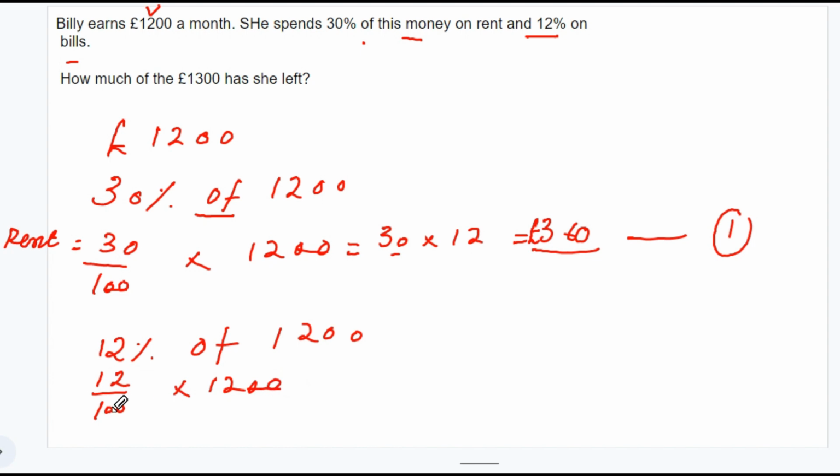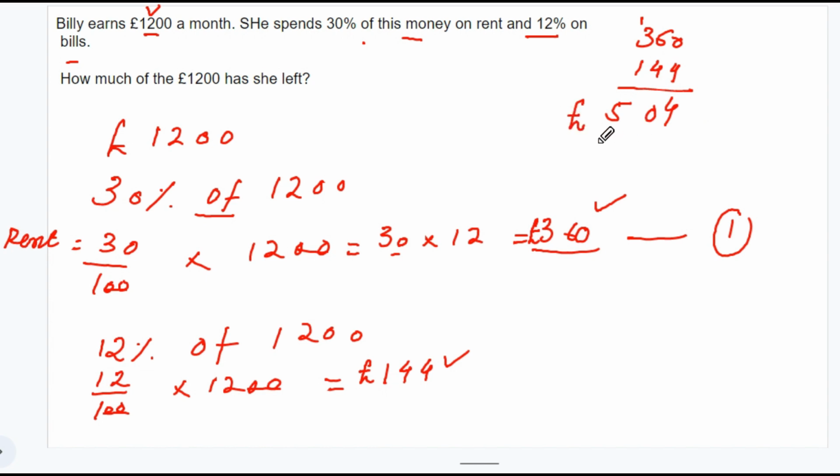So these two zeros can be cancelled out. 12 times 12 is 144. So she needs to pay 360 and 144 out of 1200. How much does she need to pay? 360 plus 144 is 504, right? This is the total amount she needs to pay out of 1200.